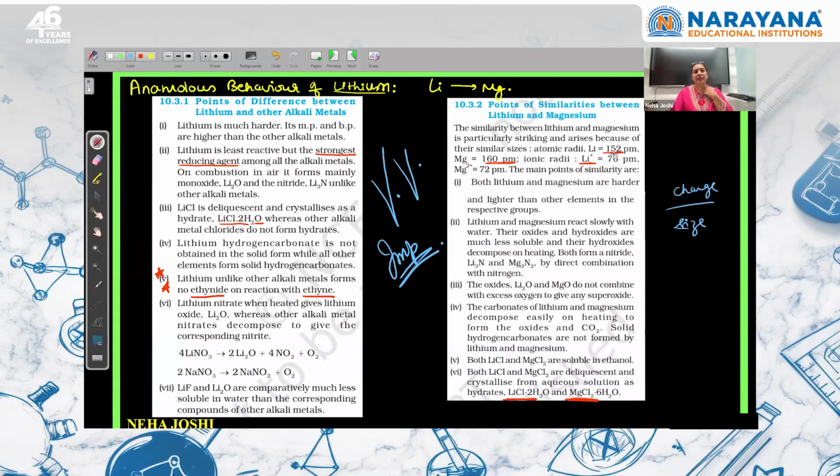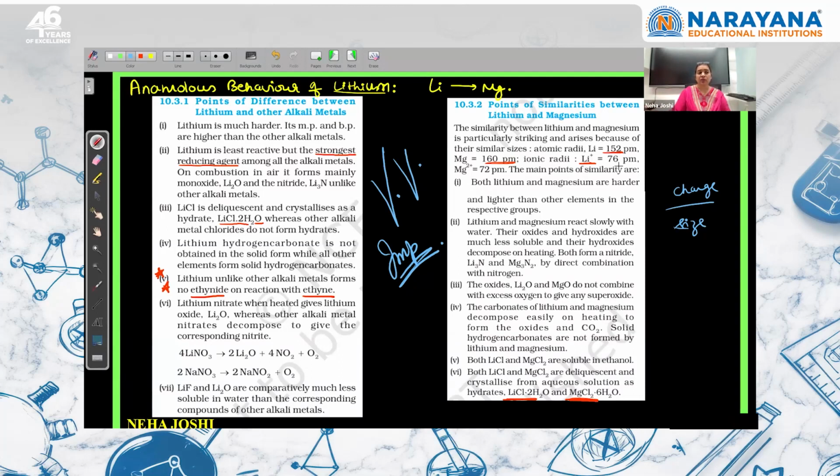See, for example, lithium, if I see lithium neutral and magnesium neutral, there is a difference of 8 picometer. Whereas when they're ions, then the difference becomes 4 picometer. Okay. So charge is 1, size is 76.